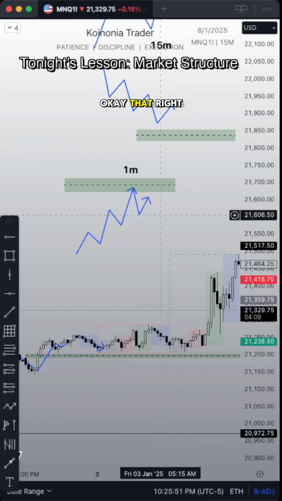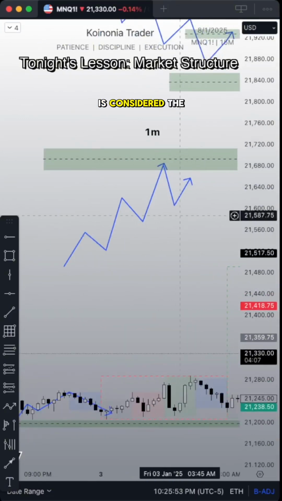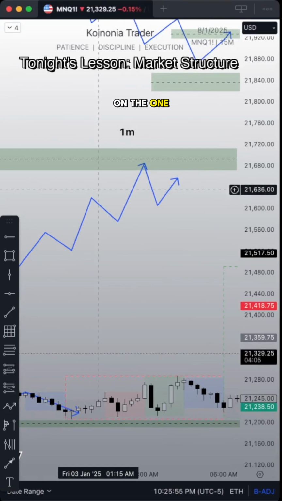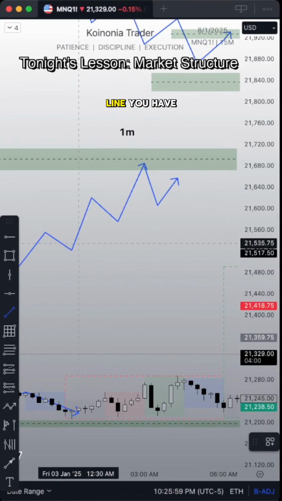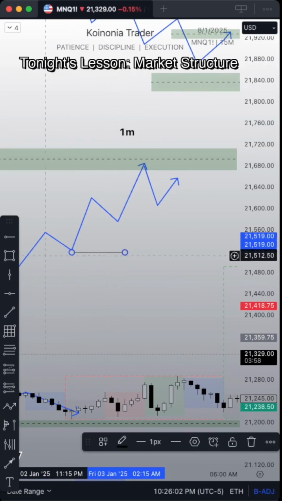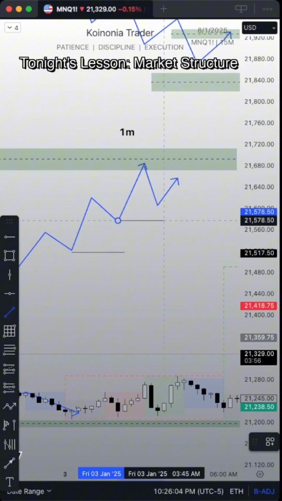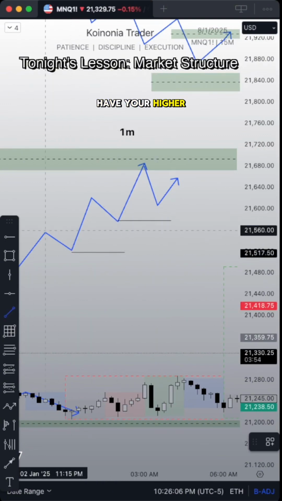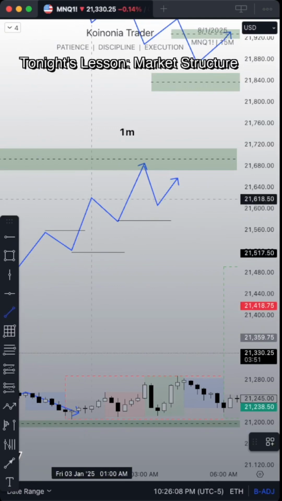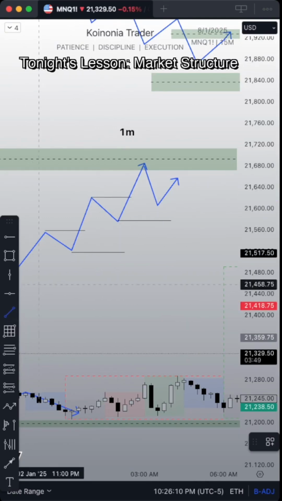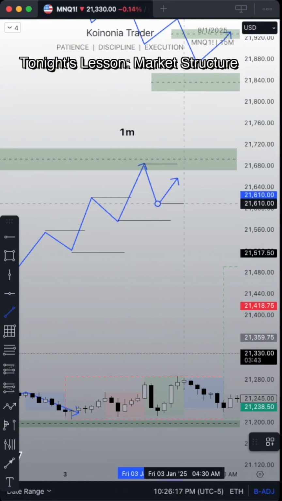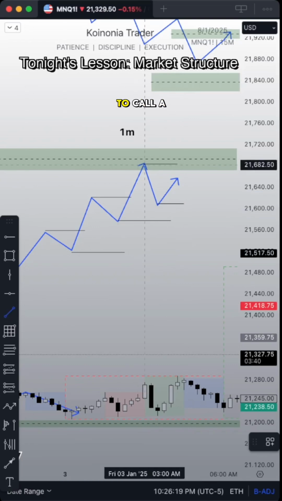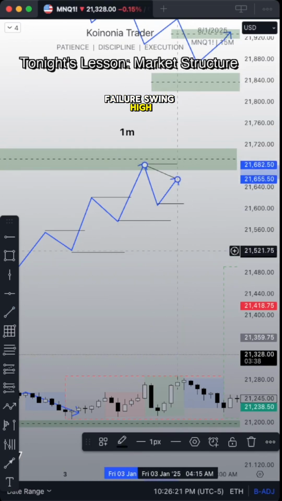Okay? That right there is what is considered the light bulb moment on the 1 minute, because where's the trend line? You have your higher lows, and then you have your higher highs, then we put in another higher low, but here is what I like to call a failure swing high.